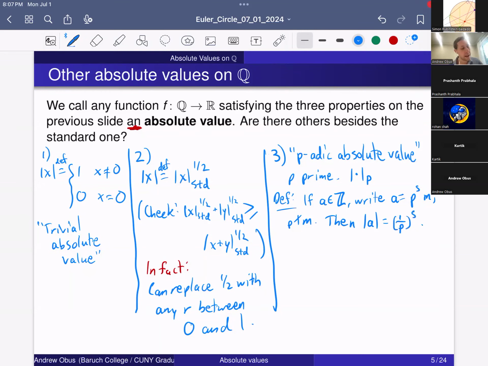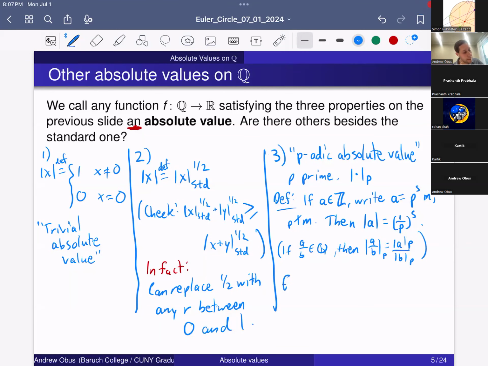Okay, so that's the definition of this p-adic absolute value. And then, of course, if a over b is in Q, you just define that the absolute value of a over b is equal to the absolute value of a divided by the absolute value of b. So this is these p-adic absolute values everywhere.